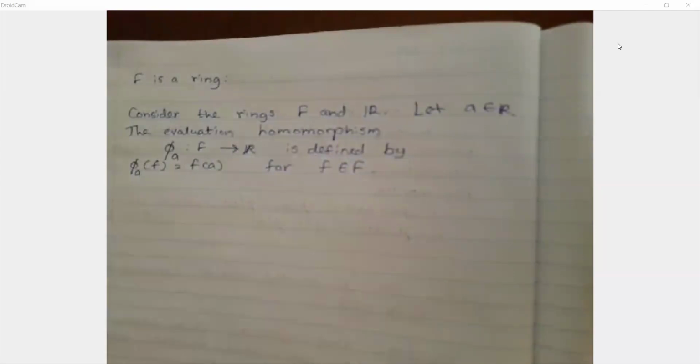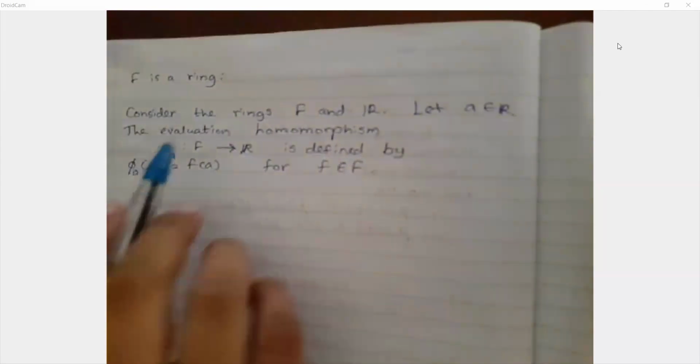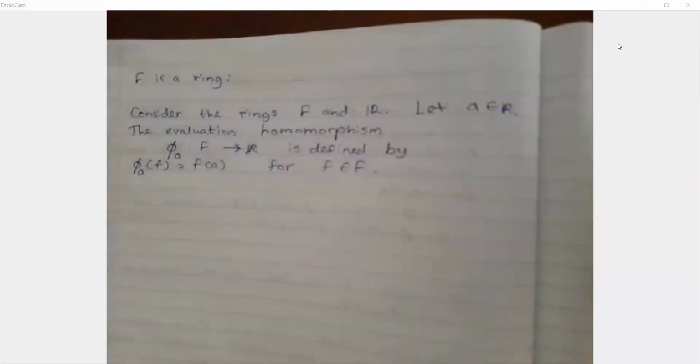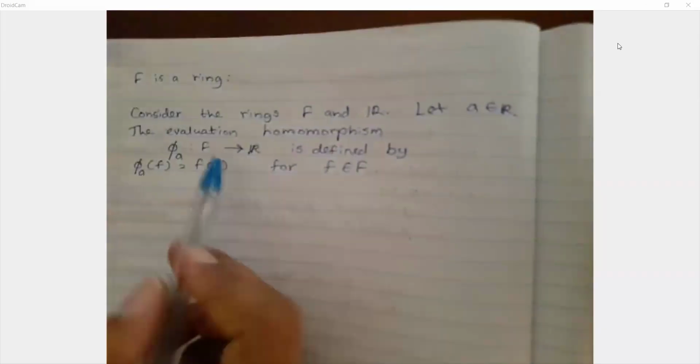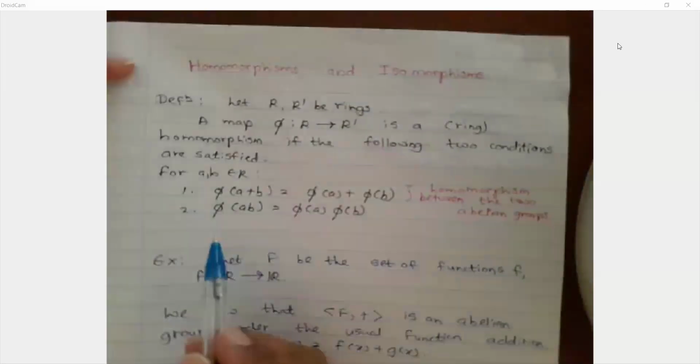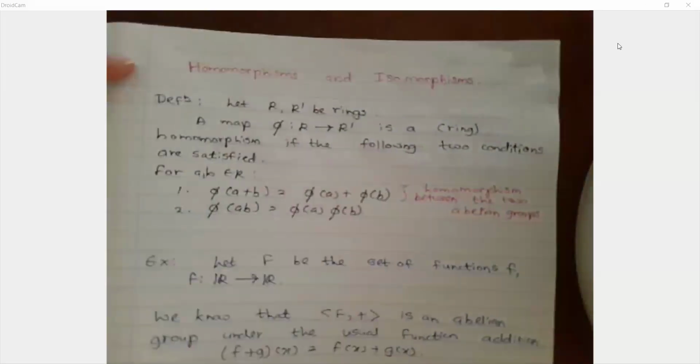Now, we have actually seen that this evaluation homomorphism is a group homomorphism for F and R. So all we've got to do is show that the second condition, this multiplicative condition, holds in order to show that this phi sub a is a ring homomorphism.